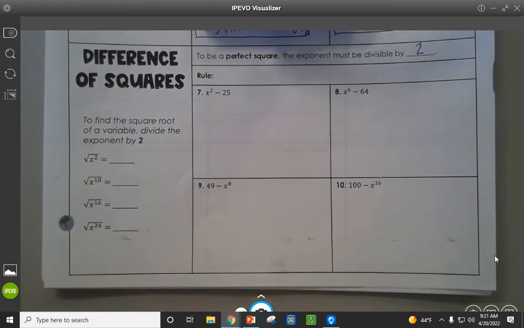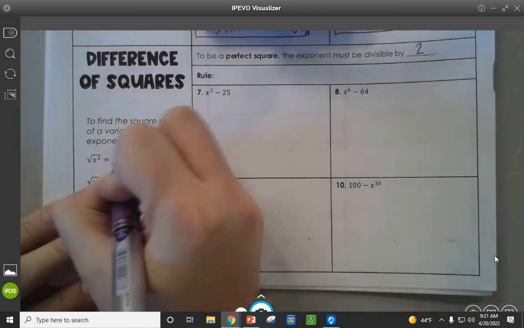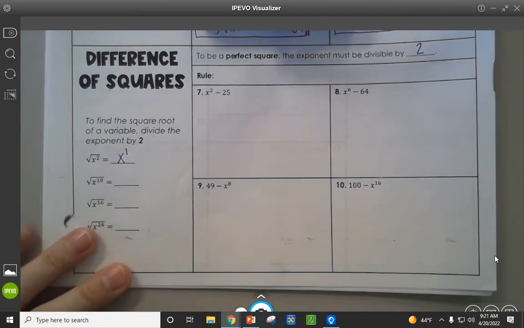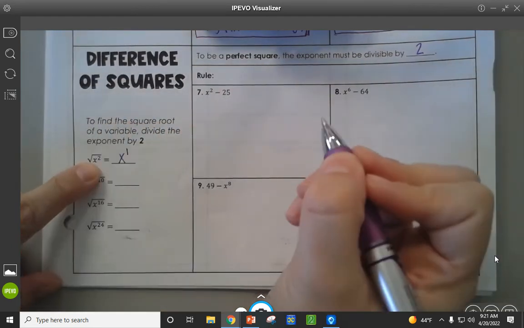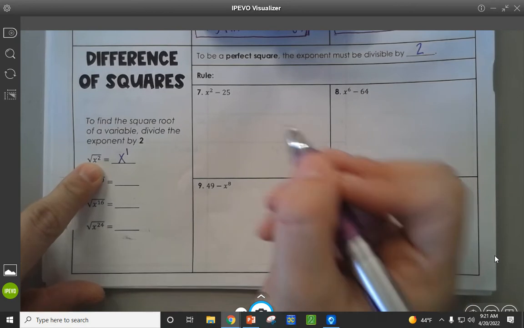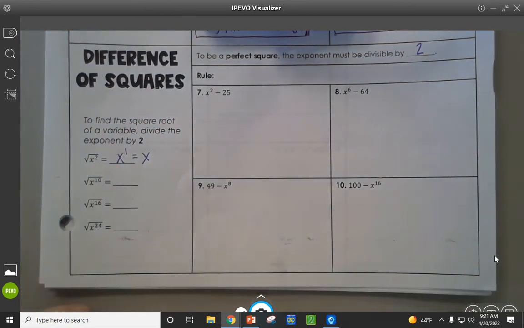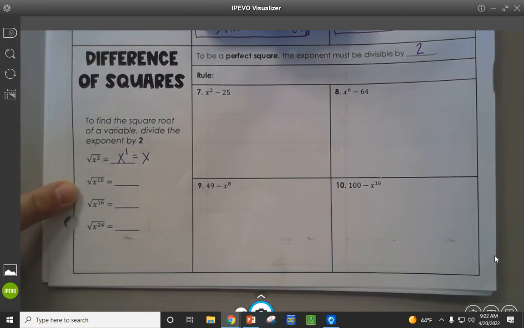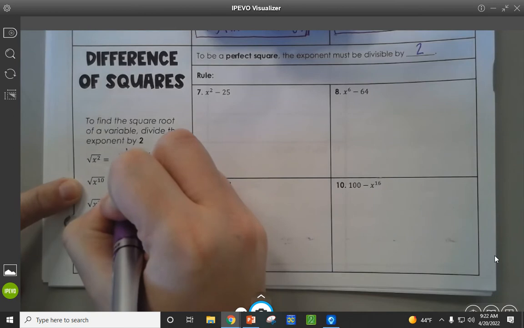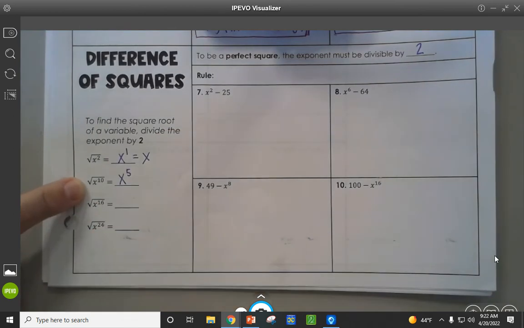And if I want to take the square root of a variable, we divide the exponent by 2. So if I say, what is the square root of x squared? It would be x to the first power, because 2 divided by 2 is 1. Or just x. The square root of x to the 10th would be x to the 5th. You no longer need to put the square root symbol.